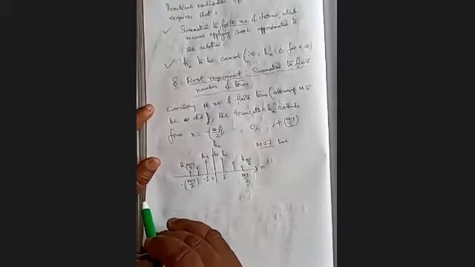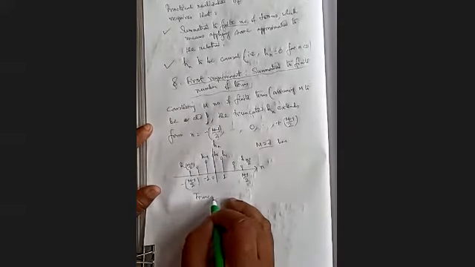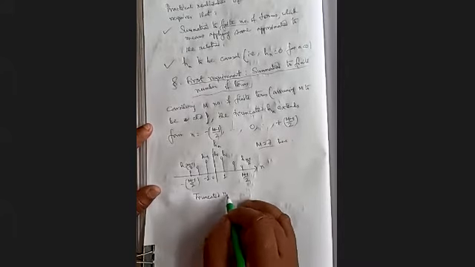This way it will be there. So it is our truncated real and symmetrical impulse response.